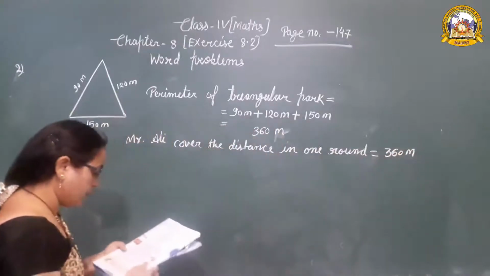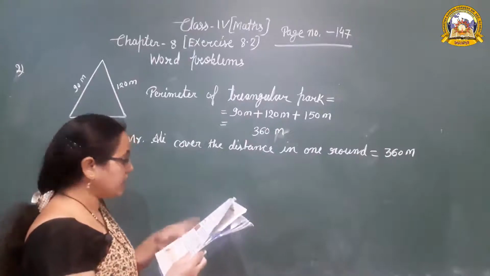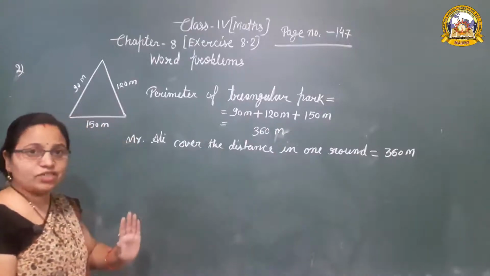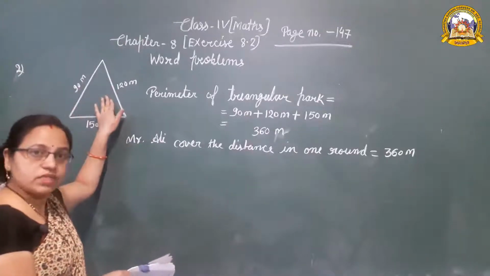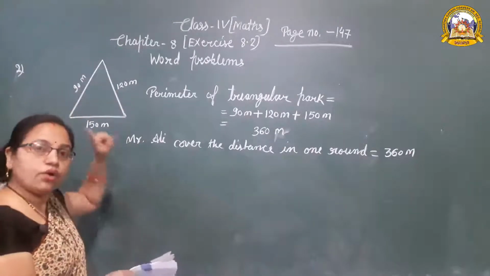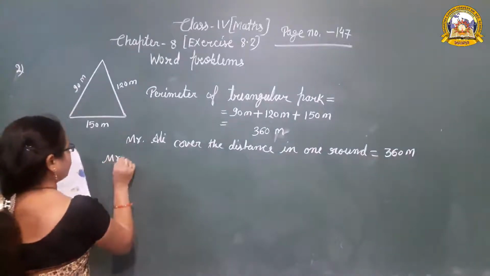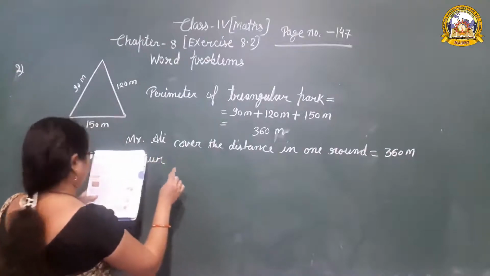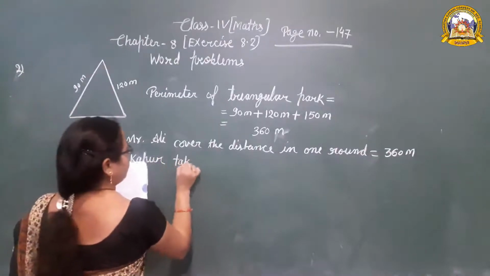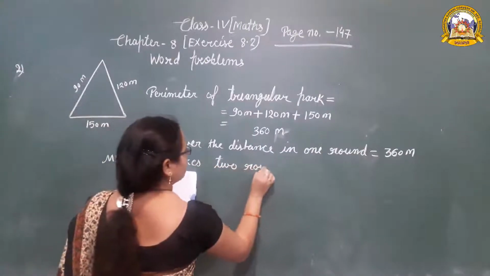Okay, now one more thing is being asked there. Mr. Kapoor takes 2 rounds of the same park. Mr. Ali takes only one round of this triangular park, but Mr. Kapoor takes 2 rounds of the same triangular park. So now Mr. Kapoor takes 2 rounds.